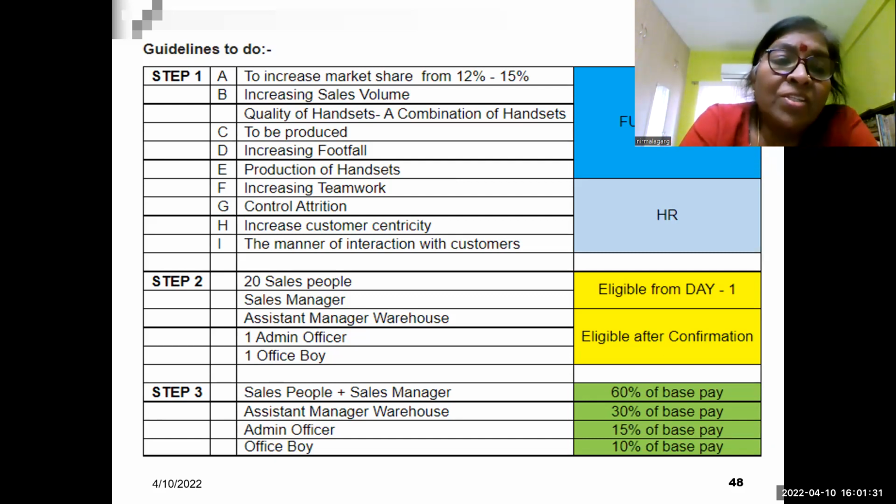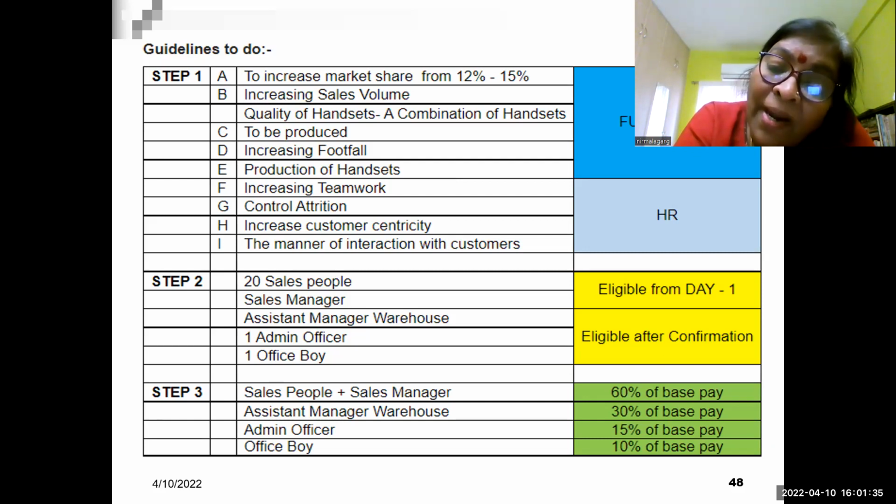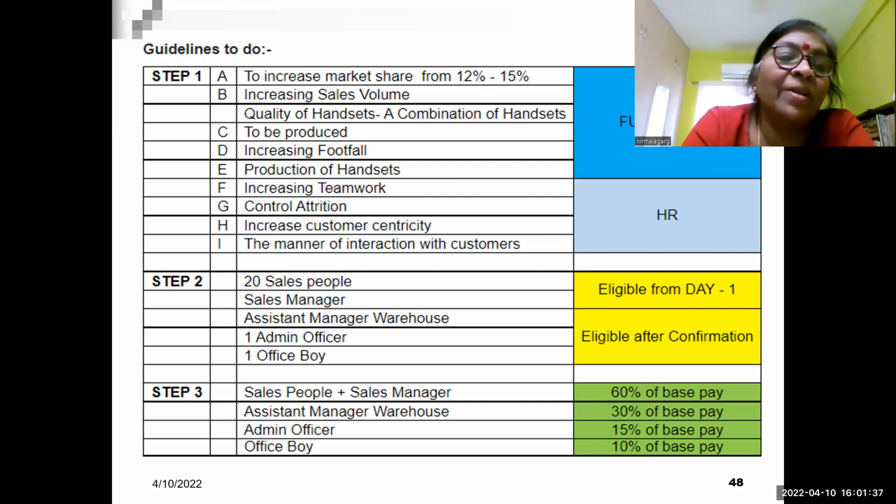Now, this store keeps both branded goods and non-branded goods. Please make a note. The margins on the non-branded goods are high, and the sales margins on the branded goods are low.